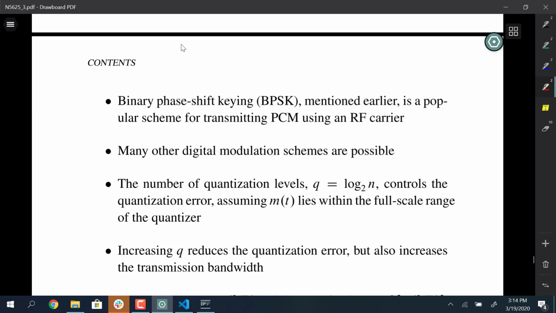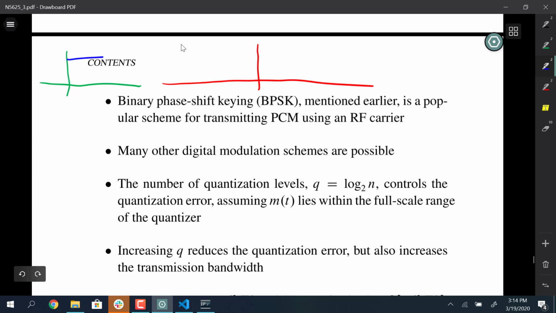So BPSK would be sending, just draw this over to the side, you'd be sending pulses, and the pulses would be non-return to 0. So you might send a +1 for a 1 bit, and then you might send a -1 for a 0 bit.